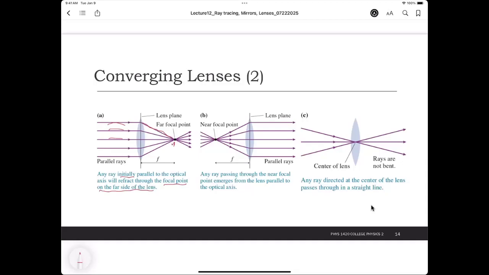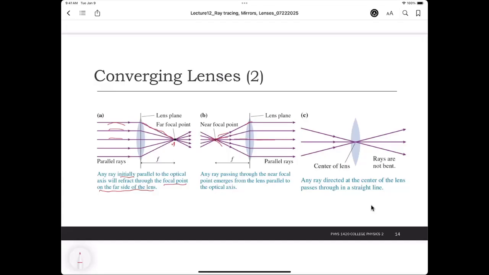And the second one is any ray passing through the near focal point. You can see there are some rays passing through the near focal point, and after the convergent lens, the refracted rays will be parallel to the optical axis.